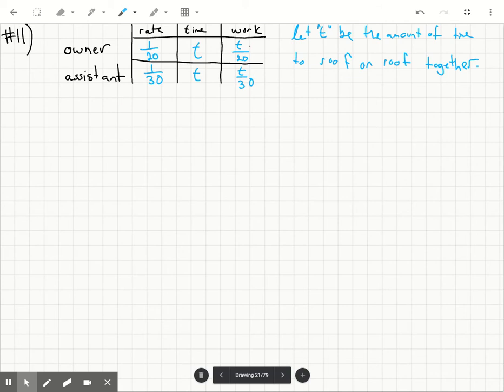Okay, so what we want to do is find out if we add the work that they do together, what would T have to be? How much time would it have to be in order to equal one roof? So let's just go ahead and I'll switch colors here. Let's make an equation.